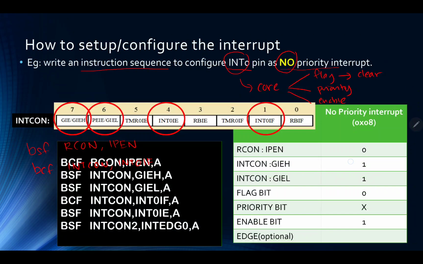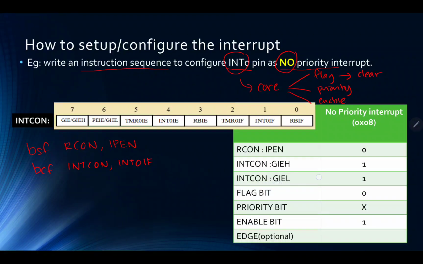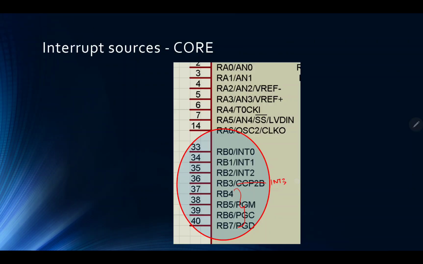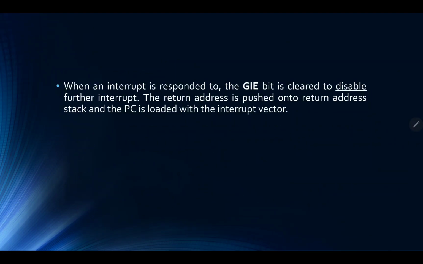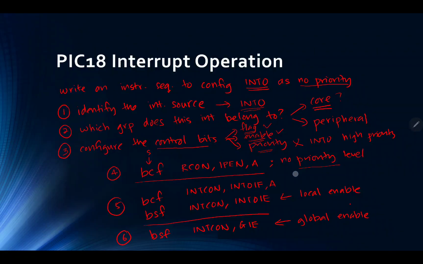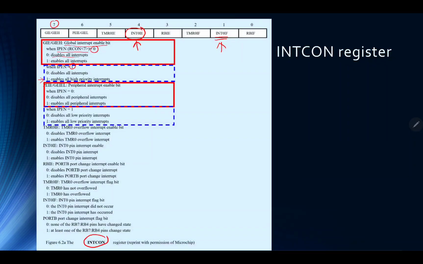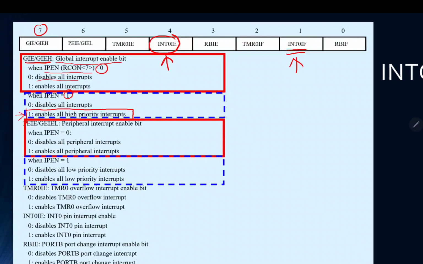Now one thing I want to bring to your attention in this register is this bit, GIE or GIEH. What it mentions here is that it enables all high priority interrupts.